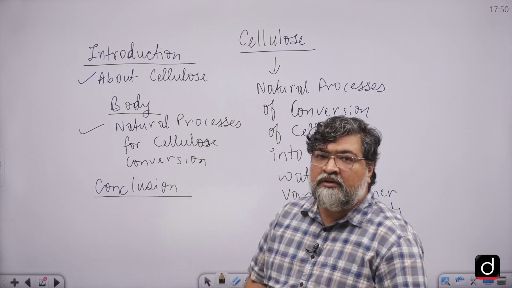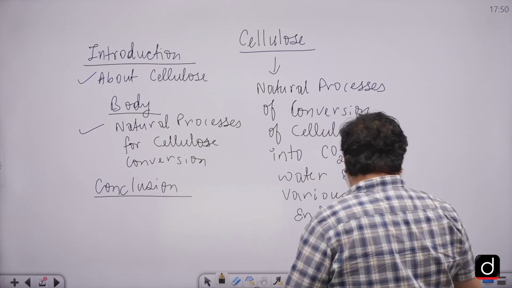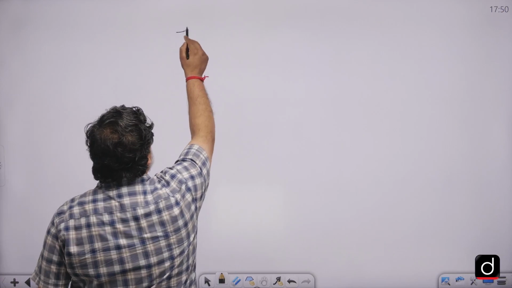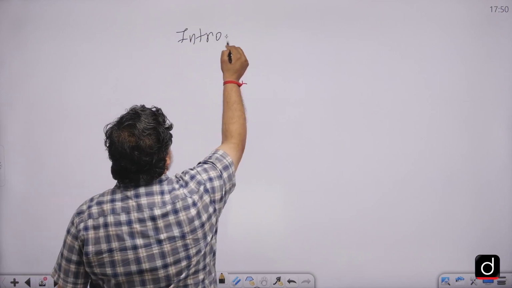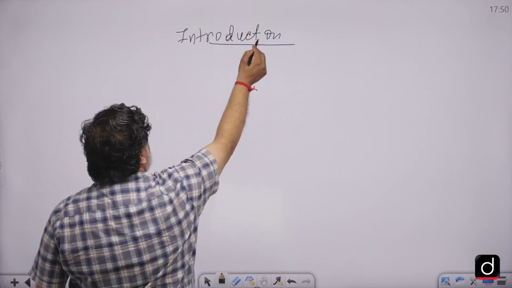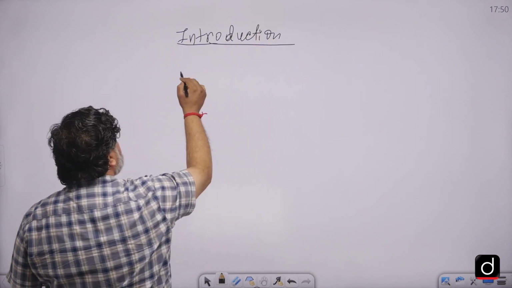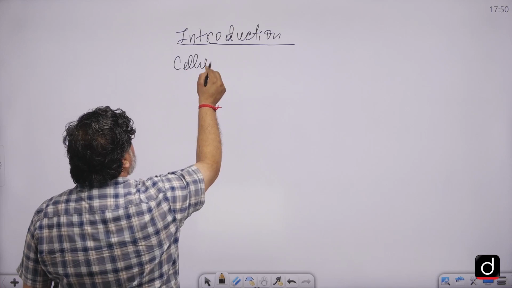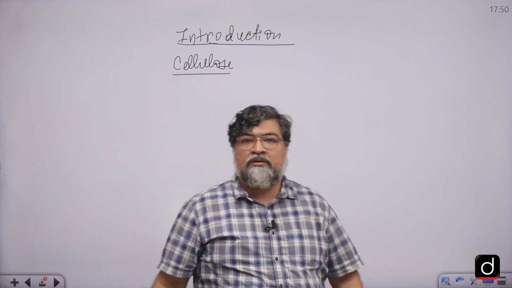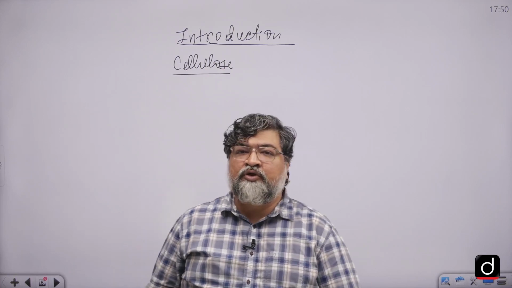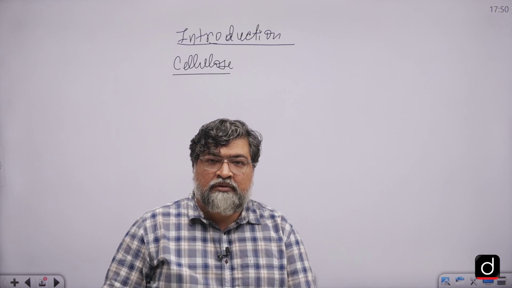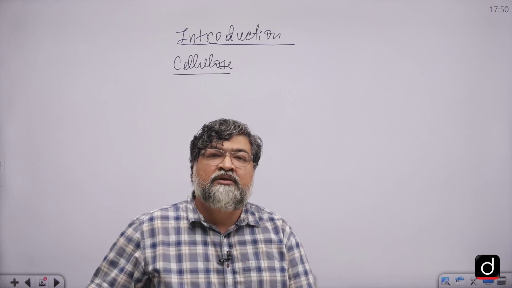Let's look at the introduction part first, about the cellulose. Here it can be written that, as you have read in biology, cellulose is a carbohydrate. There are 4 types of biomolecules: carbohydrate, protein, lipid, and nucleic acid.